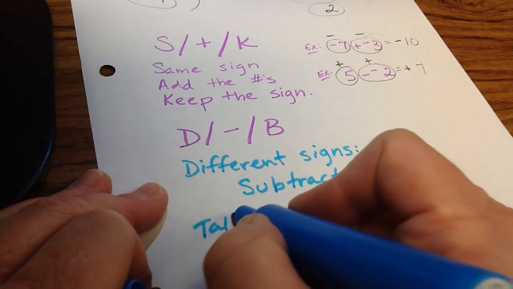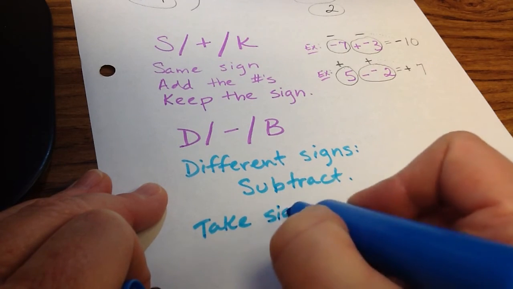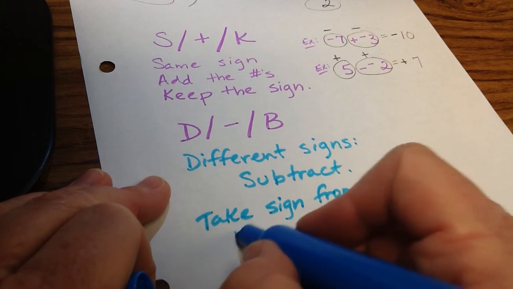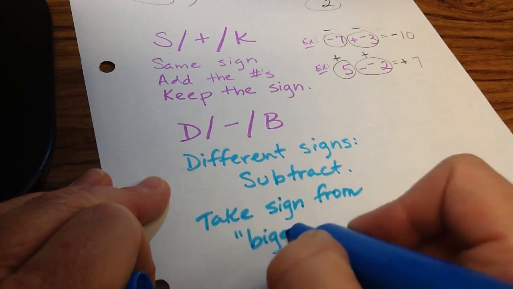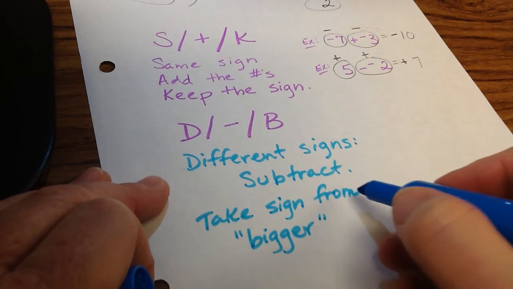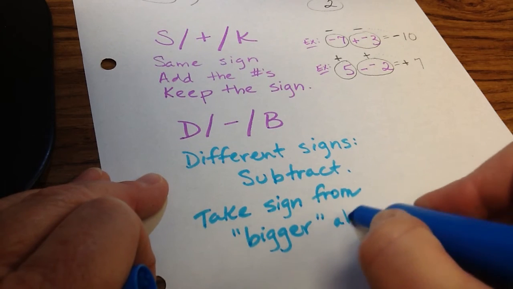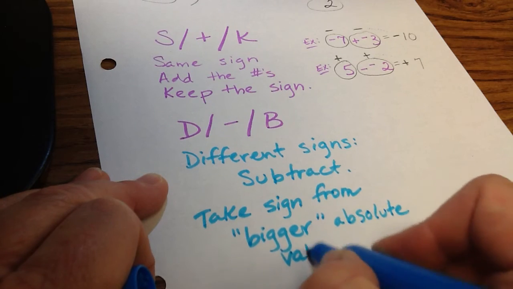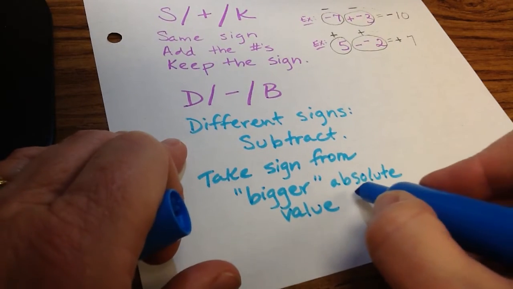Take sign from bigger, and we mean absolute value. And this is where we're going to use the sign trail.